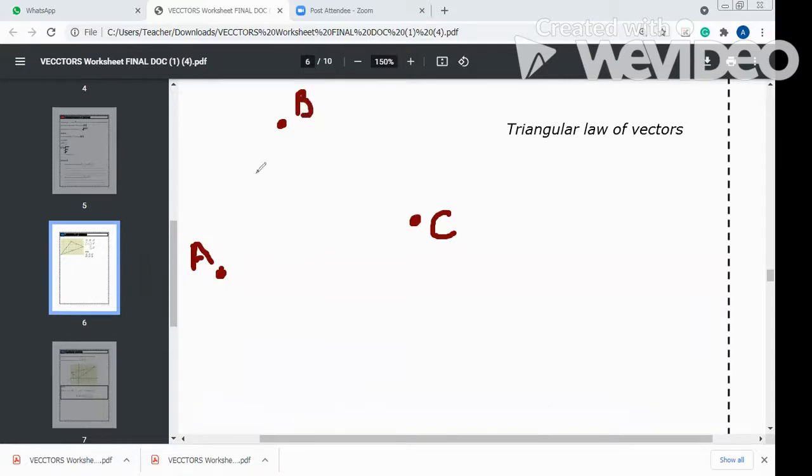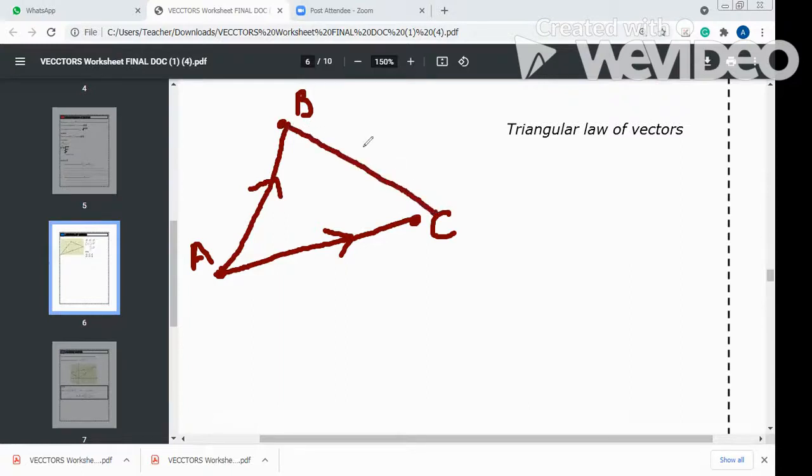Now I ask you, give me 2 ways of getting from A to C. You say, sir, let's go straight to it, right? Sir, give me another route. Well, you could go from A to B, and then B to C.